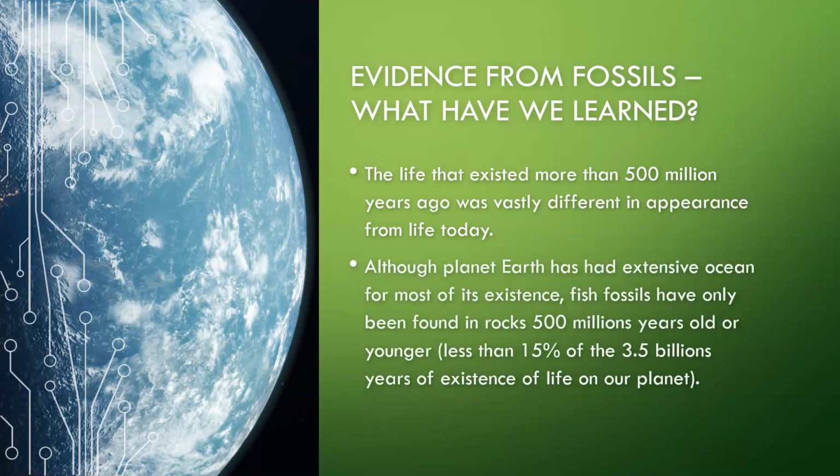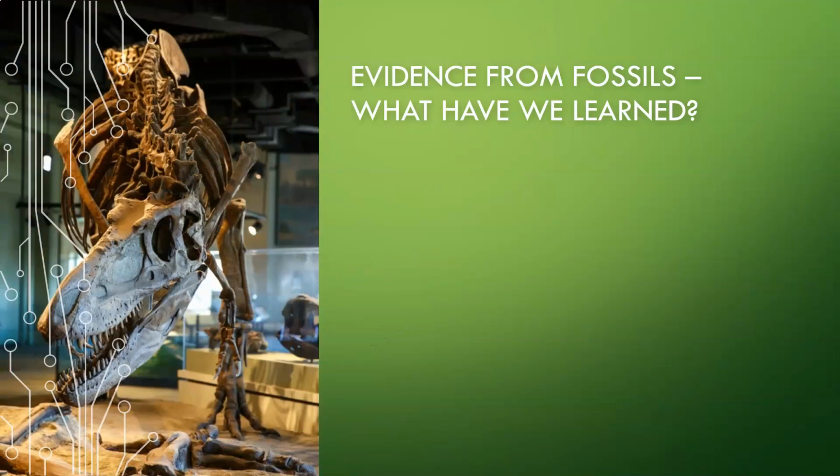And although planet Earth has had extensive oceans for most of its existence, fish fossils have only been found in rocks 500 million years old, or younger. Less than 15% of the 3.5 billion years of existence of the life of our planet. So fish have not really existed for long at all in terms of the life of planet Earth.